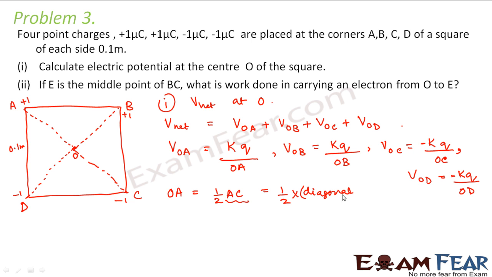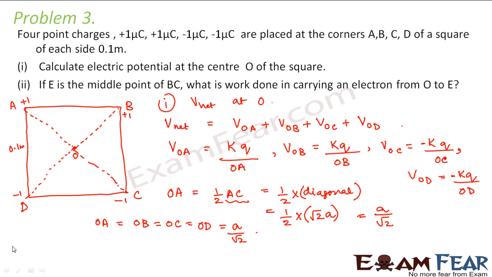Now from your mathematics, you must be knowing that the diagonal of a square is given by root 2 into each side. So the value of OA is A by root 2. And also OA, OB, OC, OD, they are all equal, right? That is very evident from the figure. So they are all equal to A by root 2, where A is equal to 0.1 meters.